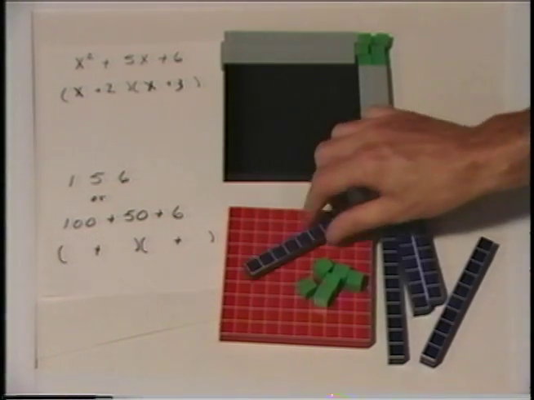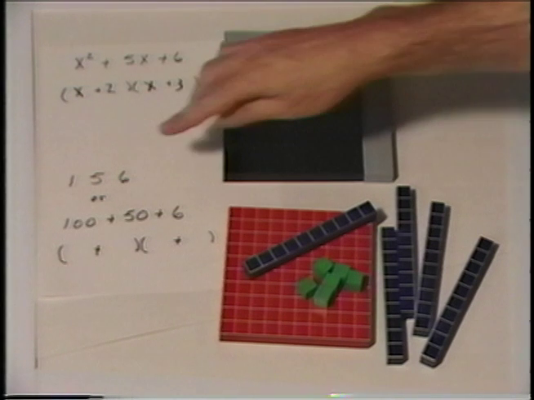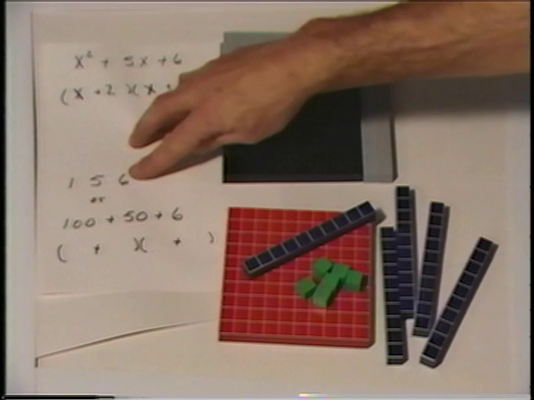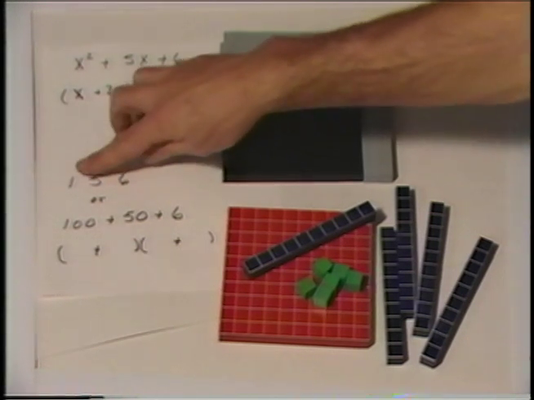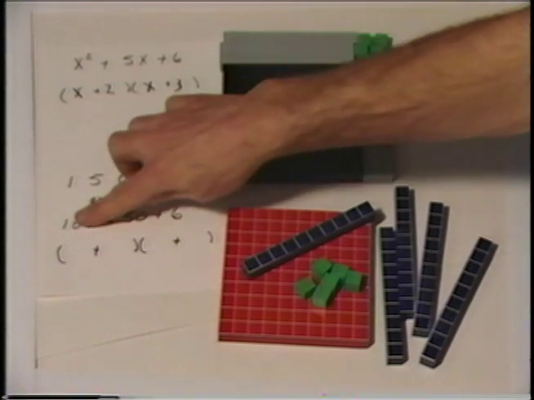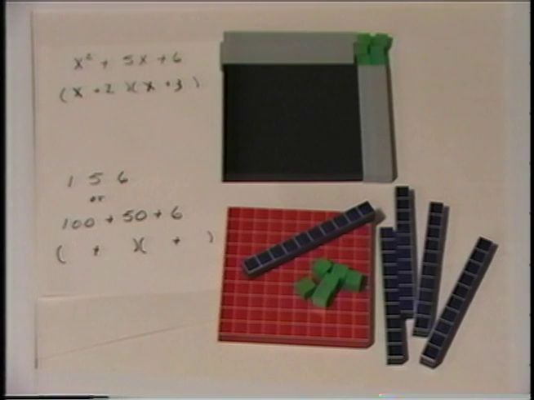It's also very important at this point that we emphasize, from the beginning, that we are never counting anything above 9. This is 1 square, 5 bar, 6 units, 156.